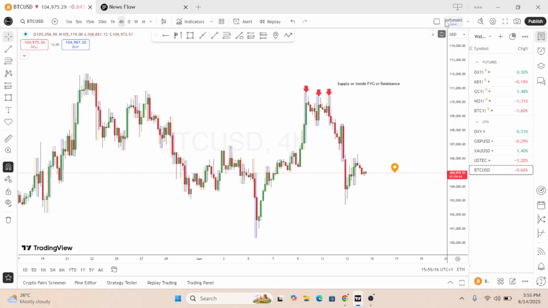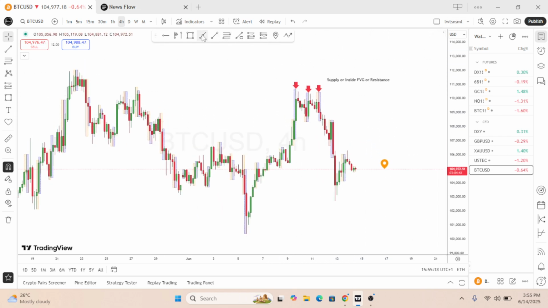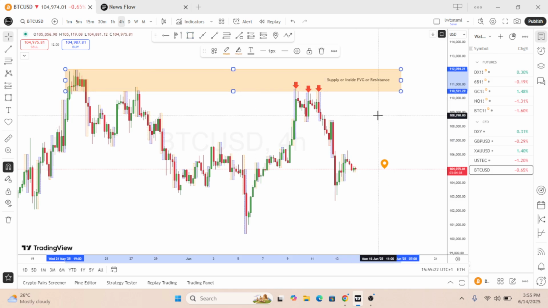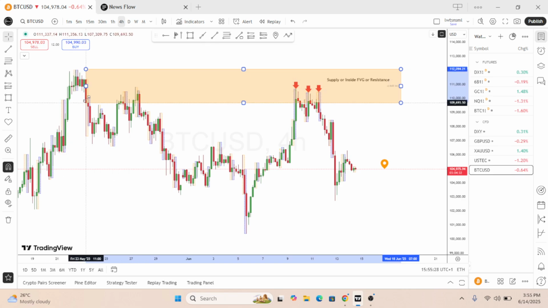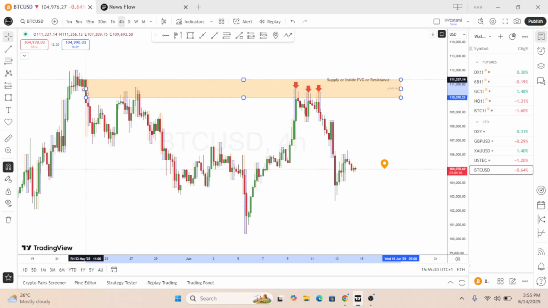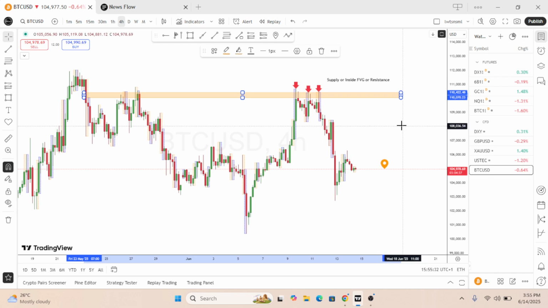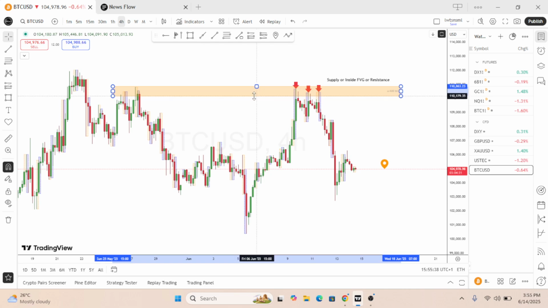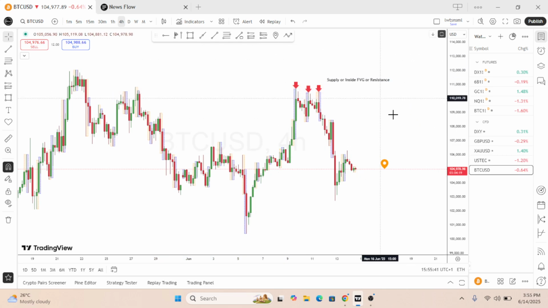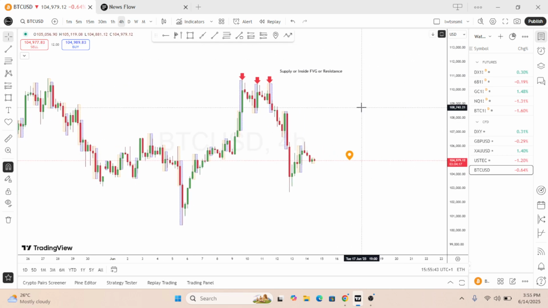And this did not just happen, but there are many people who consider this block a supply zone. Some will see a fair value gap here, which are correct, or some will even draw a resistance zone here. It's all correct.